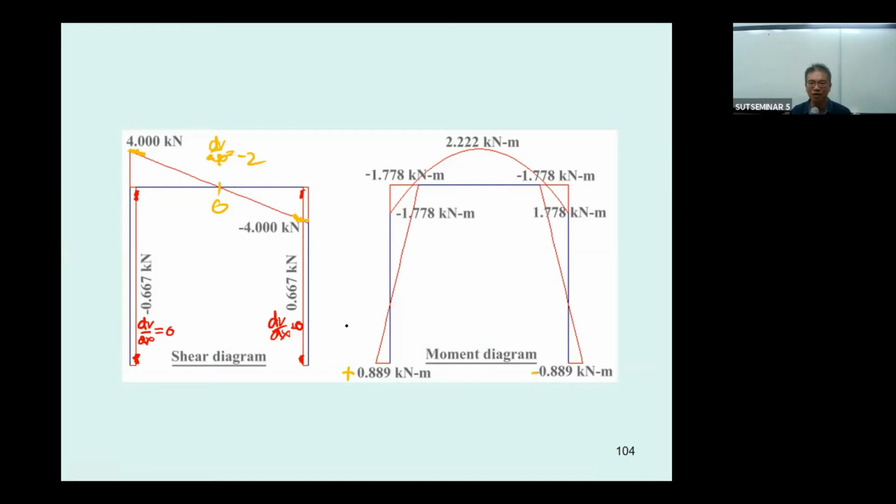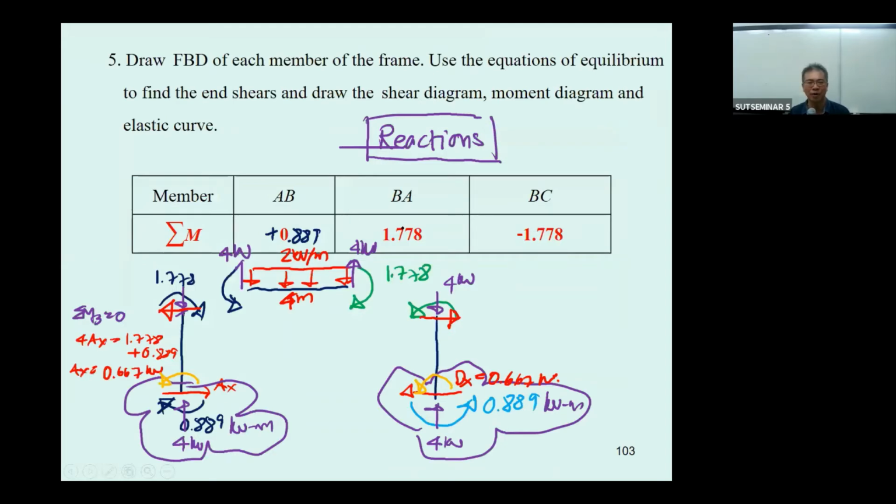And then for this one, the dM by dx going to be minus 0.667. This one going to be minus. Okay, and then if you go a little bit further, draw the sign convention for the electrostatic.